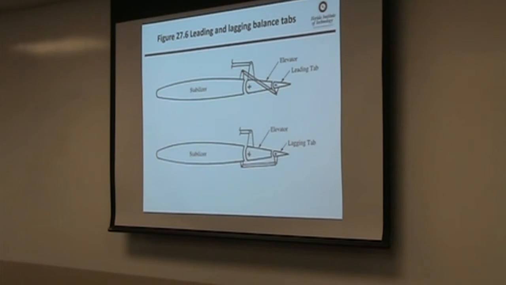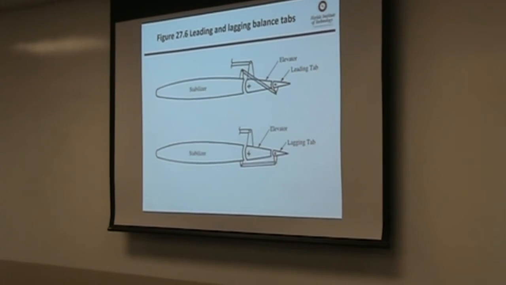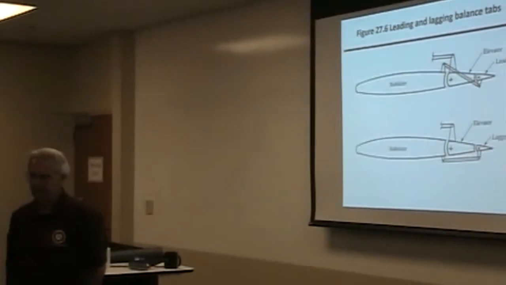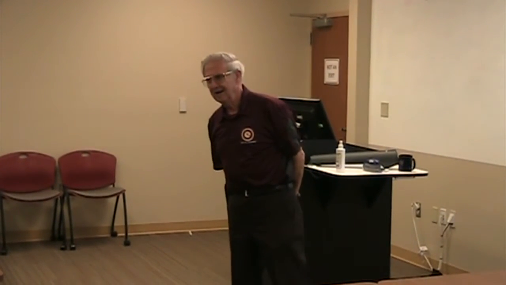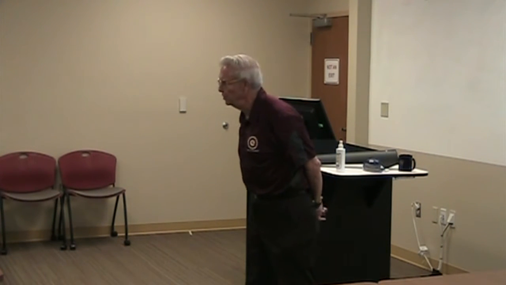Again, we're still talking at this stage about reversible control systems. Remember, irreversible control systems are a relatively new thing. I was born at the beginning of World War II, and in World War II we had no airplanes with irreversible control systems.